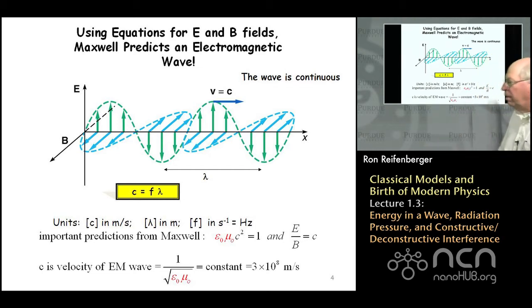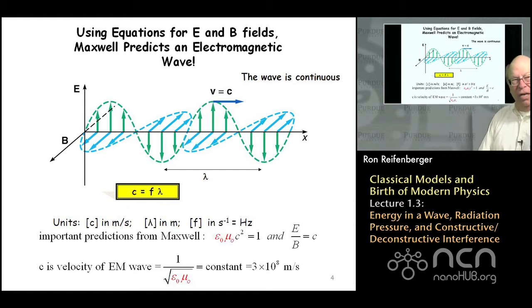Well, Maxwell was able to show that the speed or the velocity of these electromagnetic waves was in fact related to 1 over the square root of the product of those two proportionality constants that we discussed in the previous slide. So you take this proportionality constant epsilon naught, multiply it by mu naught, take the square root, take 1 over that value, and what you find is that the speed of this wave is about 3 times 10 to the 8th meters per second.